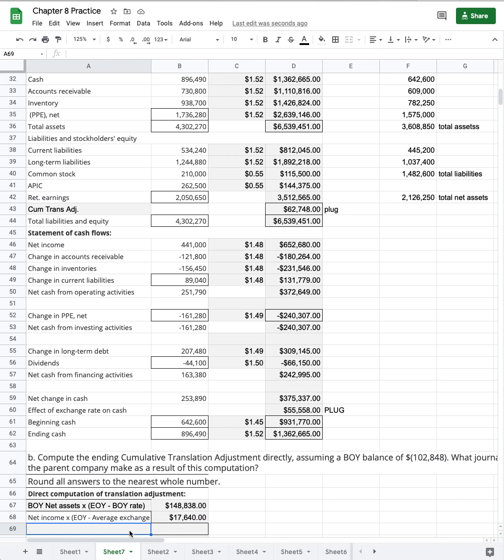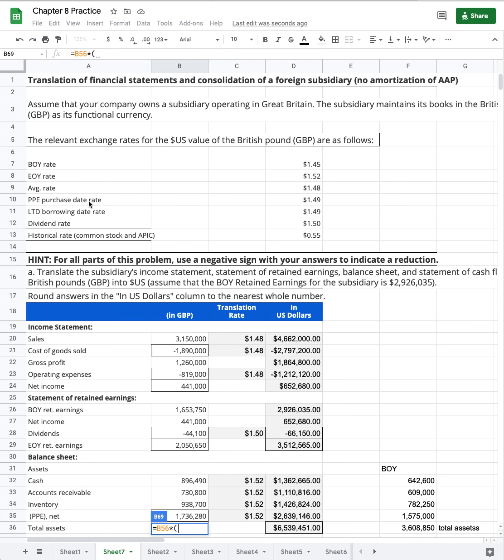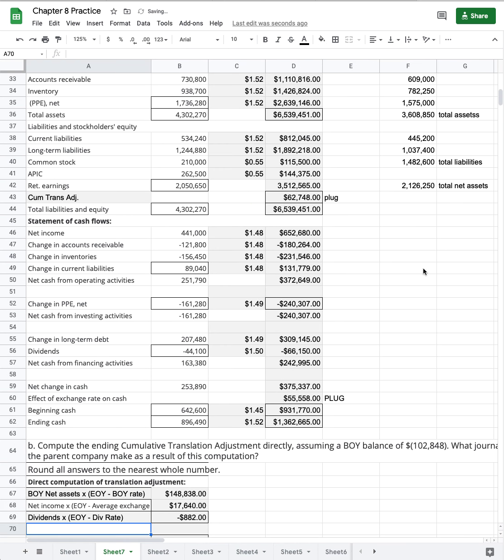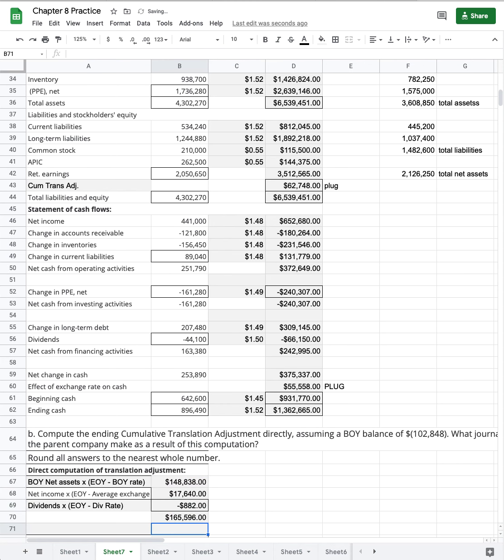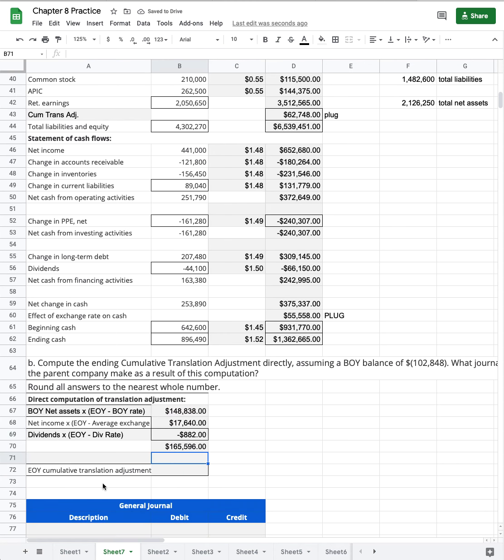Then next we have the dividends times our end of year minus the dividend rate. And so we have our dividends of 44,100 times end of year minus dividend rate. All right, and then we can use the sum here for 165,596.